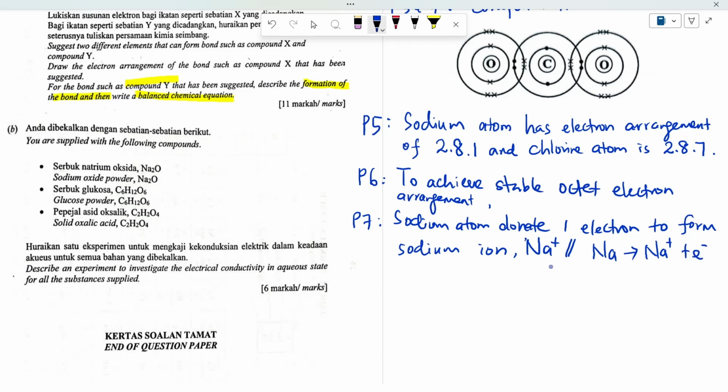Donate 1 electron, it will be the same. Then point number 8.